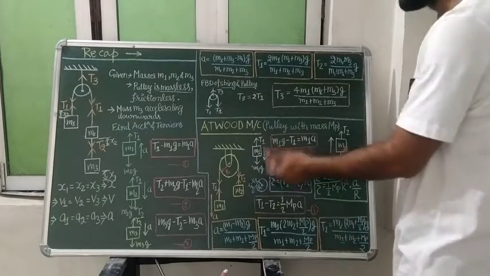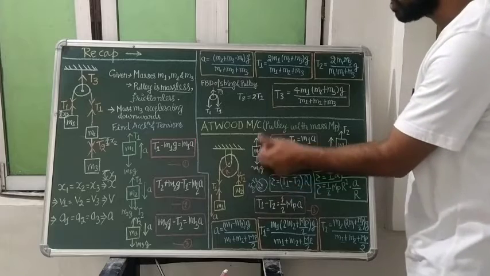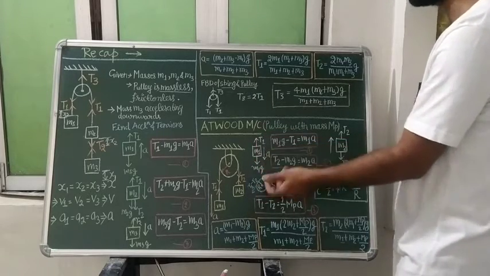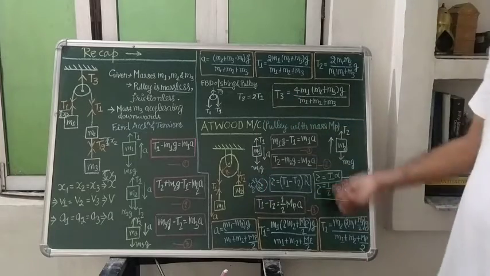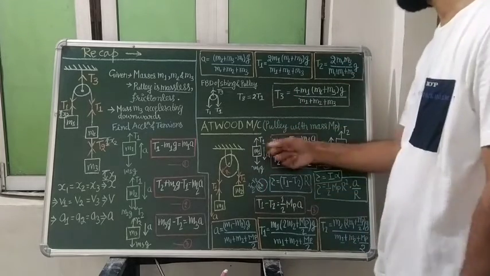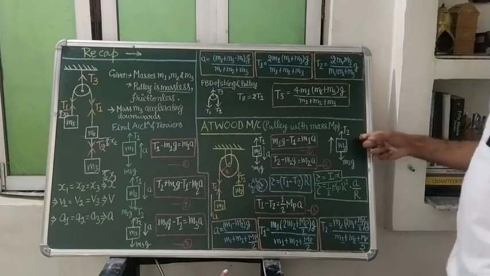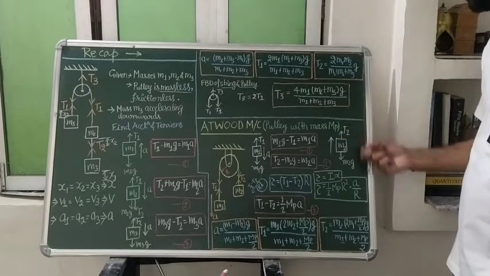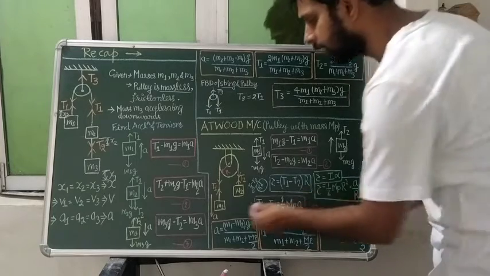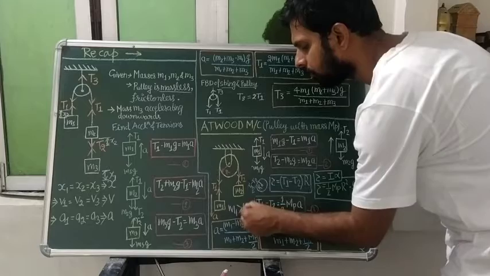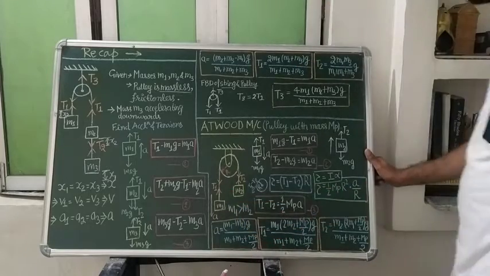So we will draw the free body diagram here. The force due to gravity, m1g, will act in the downward direction, and T1 will act upward, with the mass accelerating downward. So the first equation we will get like this. Second equation, from the FBD of 2: here we are saying that mass m1 is greater than m2, so m1 is accelerating downward and m2 will move up.